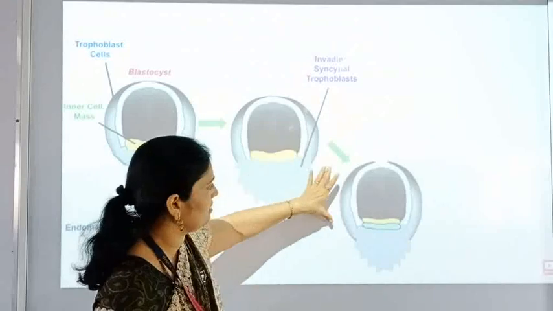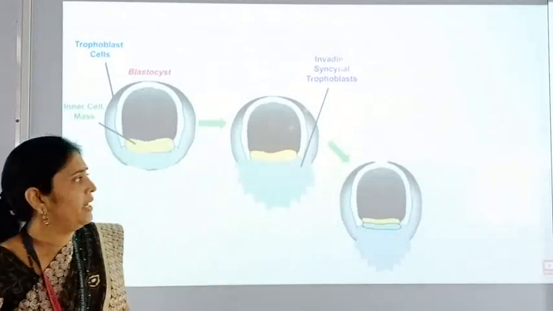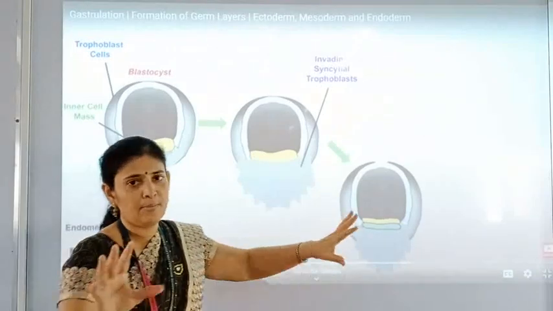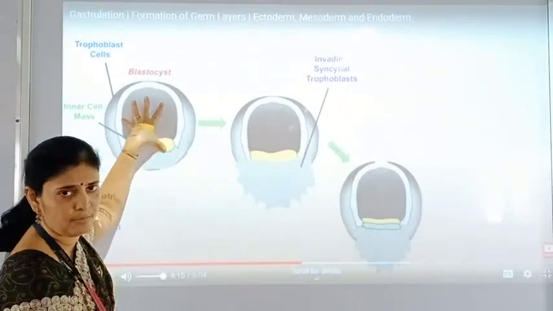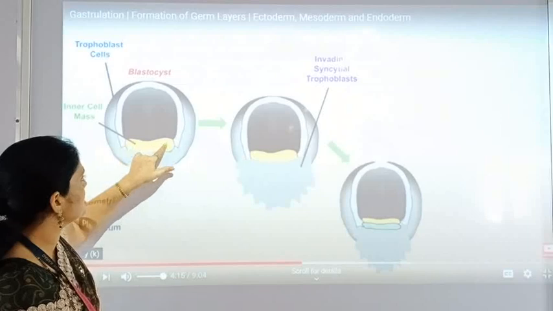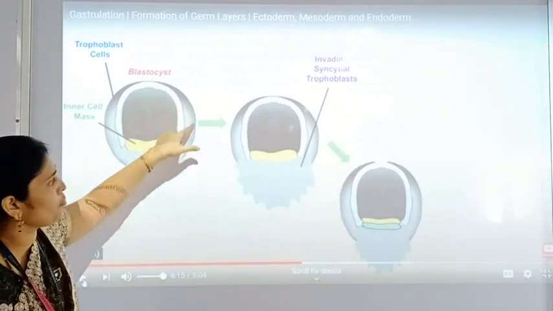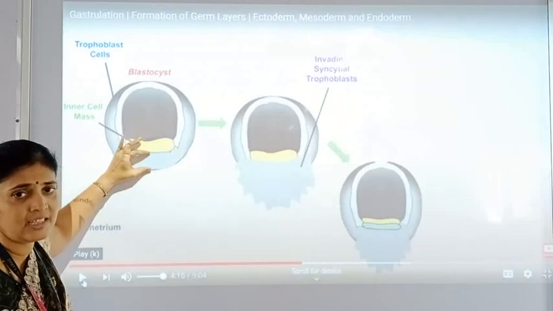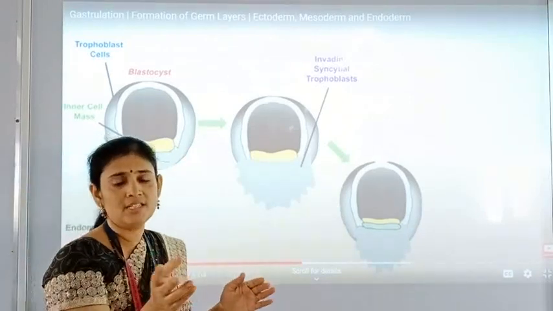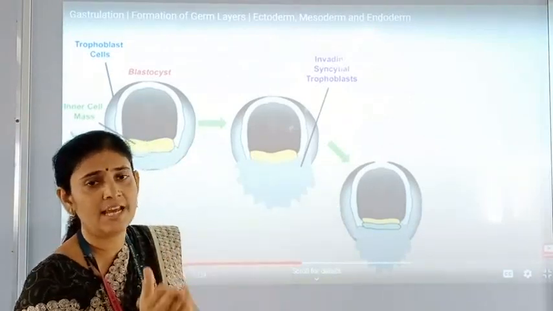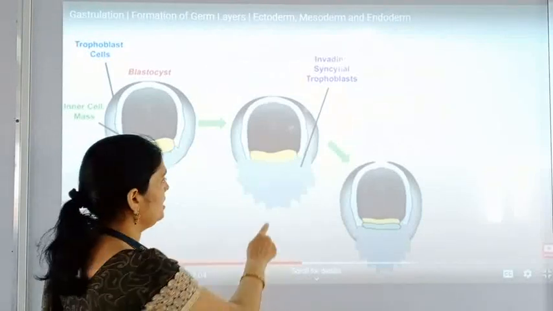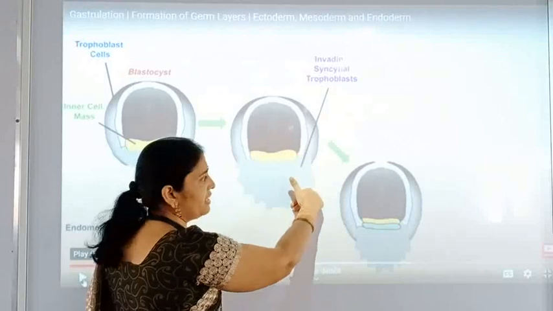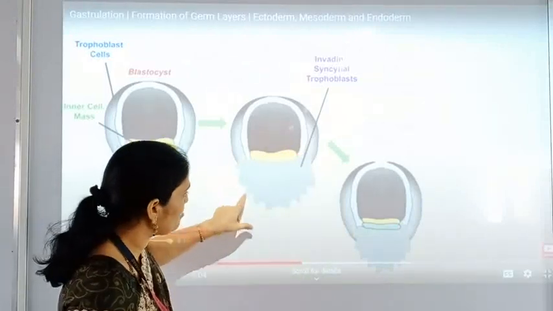You see here the blastula and the inner cell mass, and this is the trophoblastic layer. At this region, the trophoblastic layer is divided into two layers, syncytiotrophoblast and cytotrophoblast. Out of that, the syncytiotrophoblasts are invading into the endometrial glands and completely making a burrow.